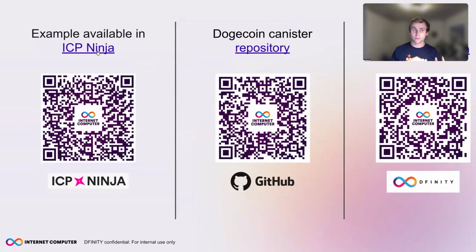You can also super conveniently deploy that basic Dogecoin example using ICP Ninja, where it will be available for 50 minutes. And so you can test the different endpoints that I didn't have time to show. And finally, if you have any questions, concerns, or feedback, then feel free to discuss these on the forum. I just started the thread before this presentation, so you have the link here.